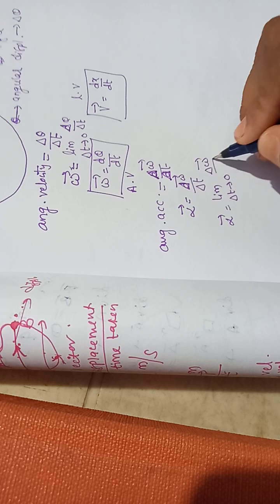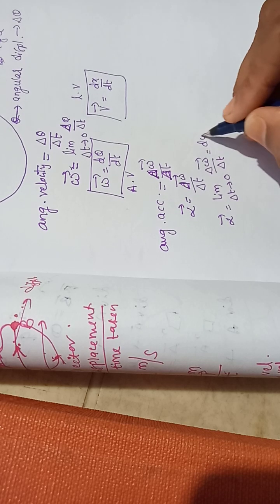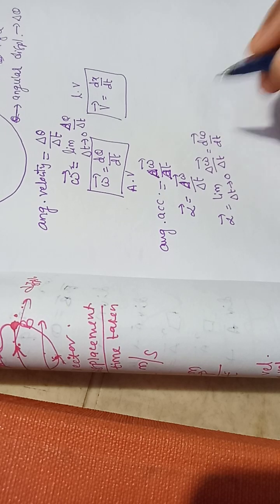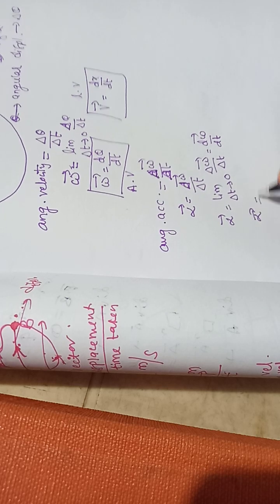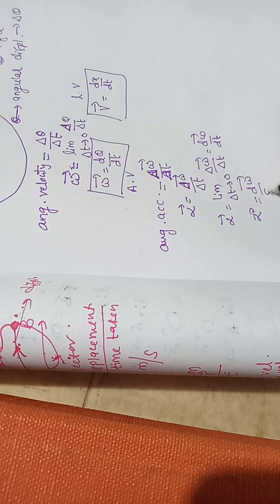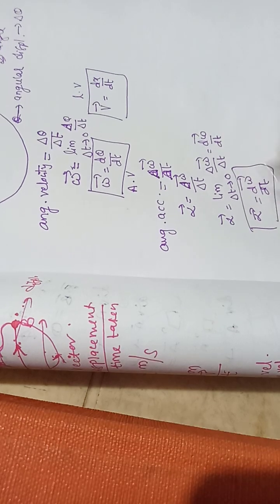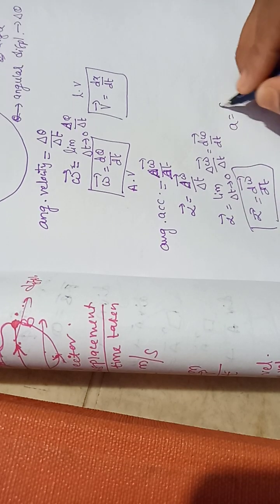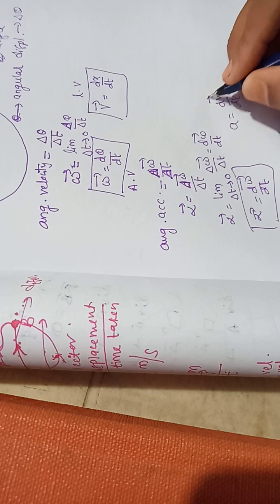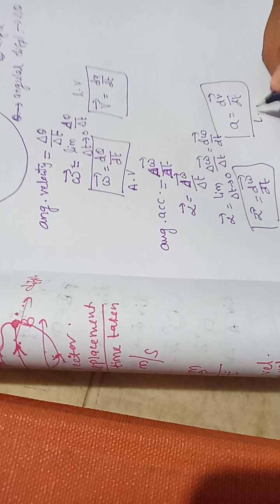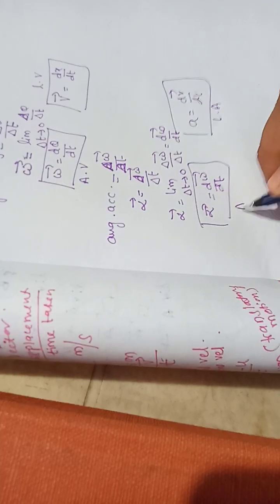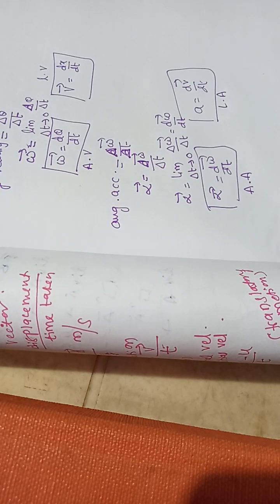Delta omega by delta t converts into d omega by dt. So angular acceleration is d omega by dt. Linear acceleration is the rate of change of velocity. This is linear acceleration, this is angular acceleration. Right? So I think you understood the difference between linear motion and angular motion.